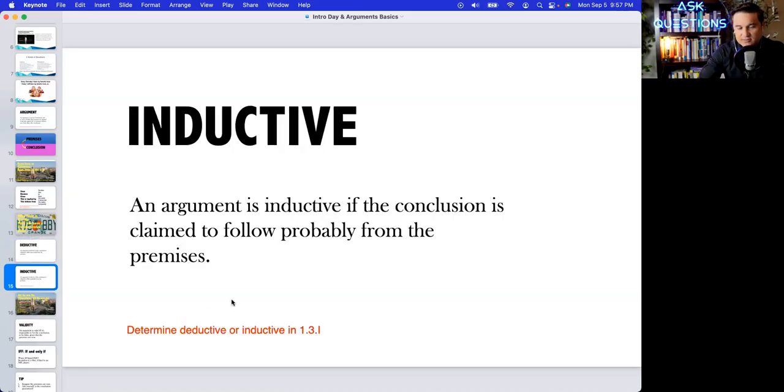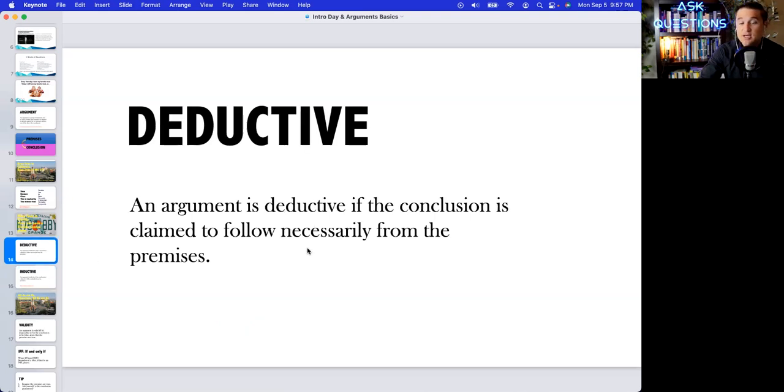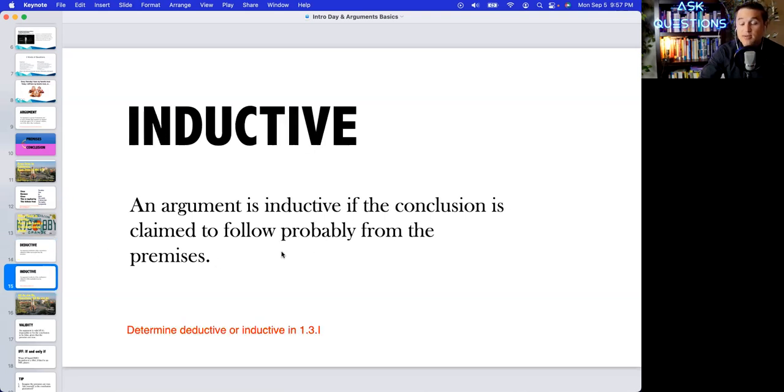Inductive argument, technical definition. An argument is inductive if the conclusion is claimed to follow probably from the premises. So not necessarily, but probably. And what do we mean by probably? Well, the odds are less than 100, and that's it. And if it's a good inductive argument, then the odds will be between 50 and 100.